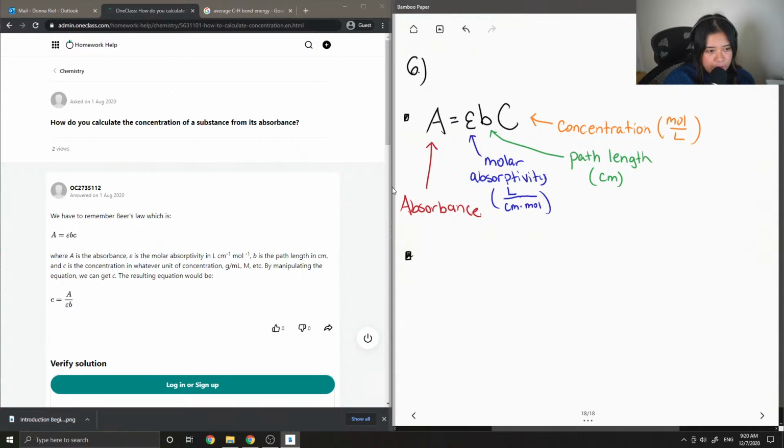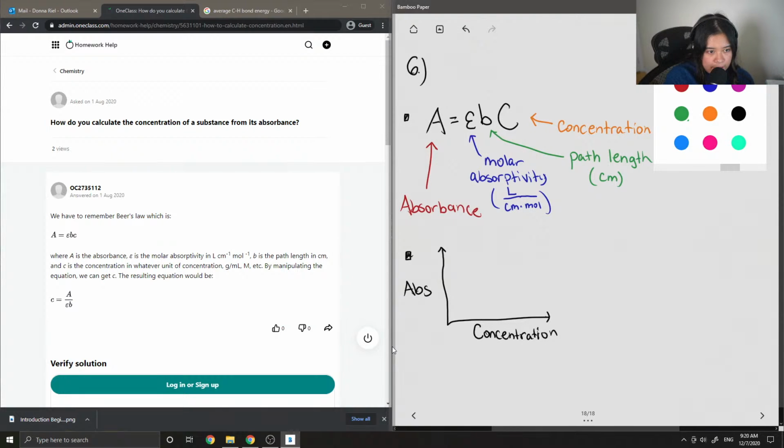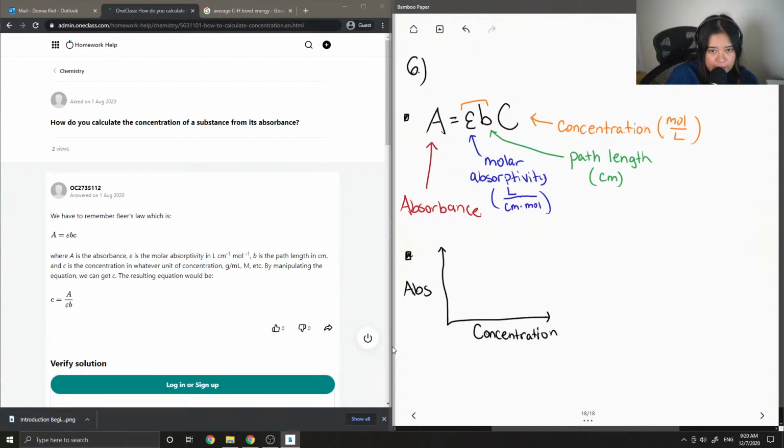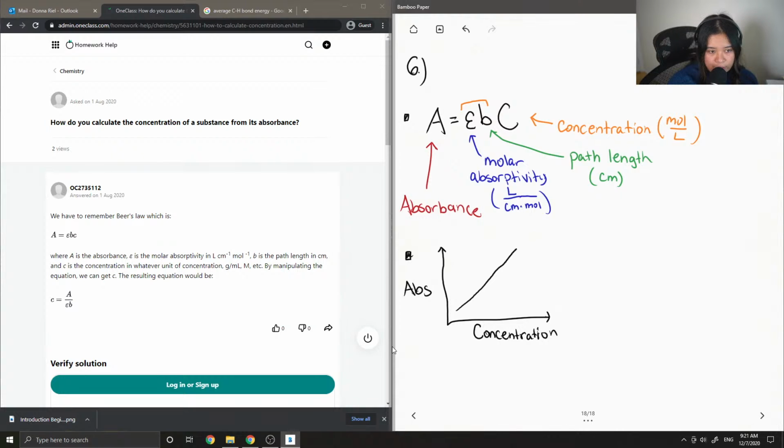Sometimes it might be easier to plot it. If we plotted concentration versus absorbance, since these other values stay constant, like they're just numbers, you would get a straight line showing that when concentration increases, absorbance increases as well.